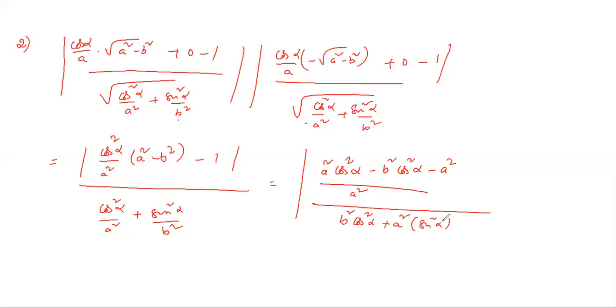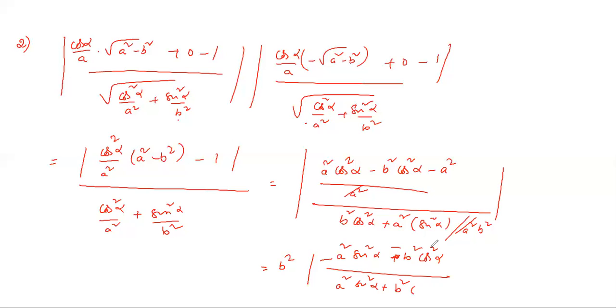A square we cancel, so b square goes to the numerator. a square cos square alpha minus a square is minus a square sin square alpha, plus b square minus b square cos square alpha, by a square sin square alpha plus b square cos square alpha. The modulus, minus and plus, both are the same. So the answer is b square.